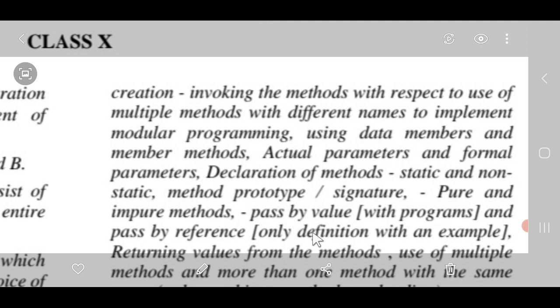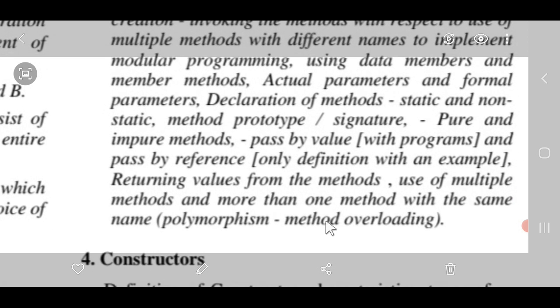All right. Now after that, we have two methods of calling the function: pass by value and pass by reference. Only definition with an example. Now returning values from the methods, use of multiple methods and more than one method with the same name. So calling a method is very easy. You need to create the object and then object name dot function name, parenthesis, and if any parameter is required, then pass parameters.